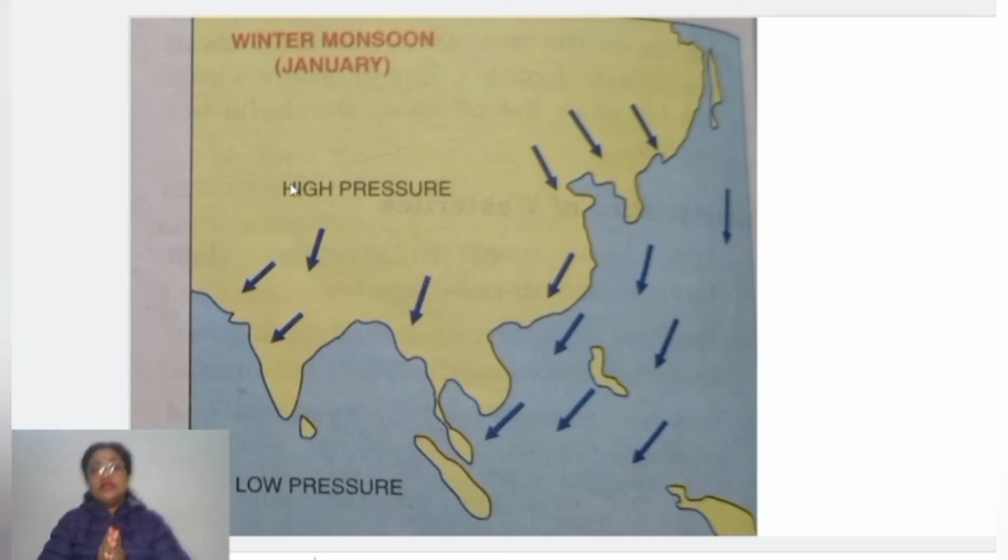And one more thing, these winds blow within a restricted area, a comparatively smaller area. As they blow in a smaller area, naturally their effect, their influence, can be seen in a small area, within that area where they blow.